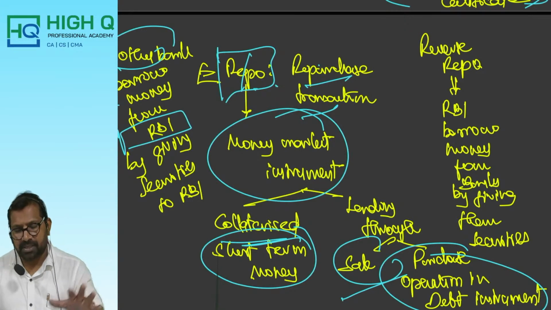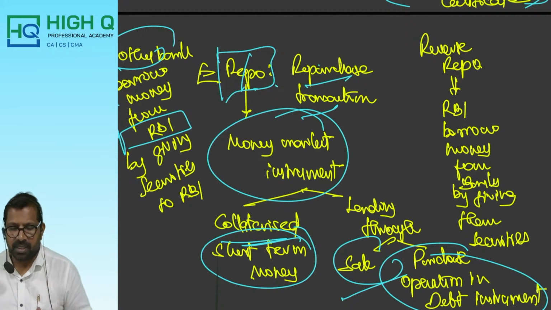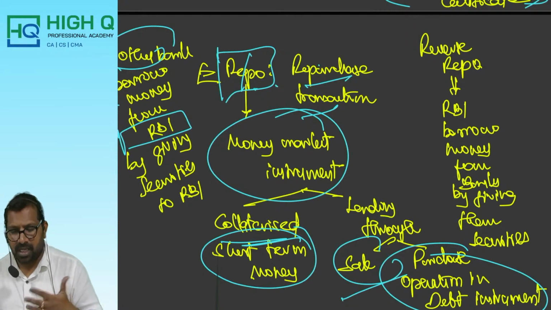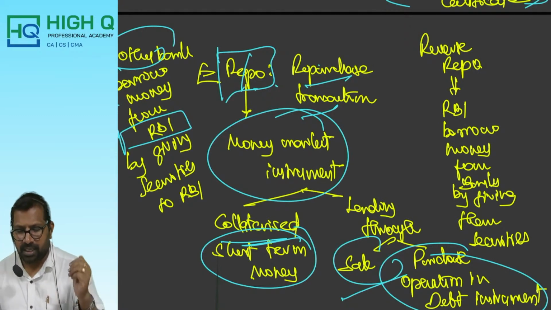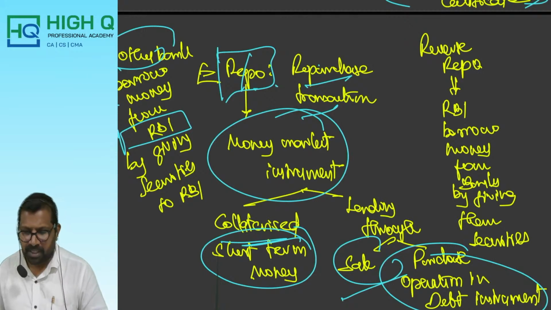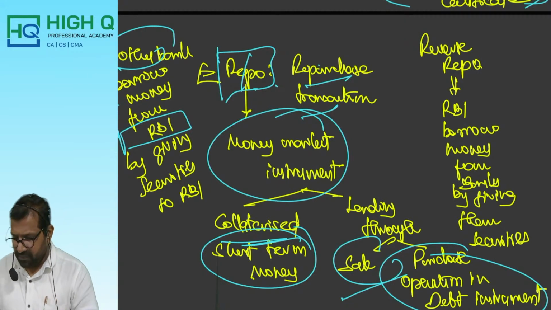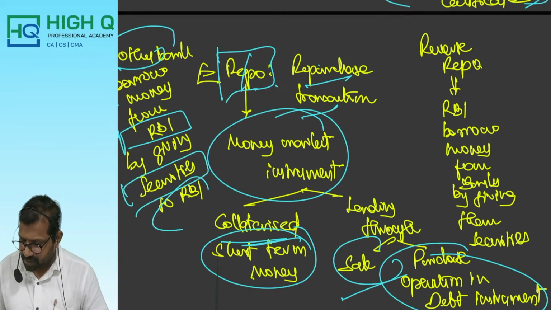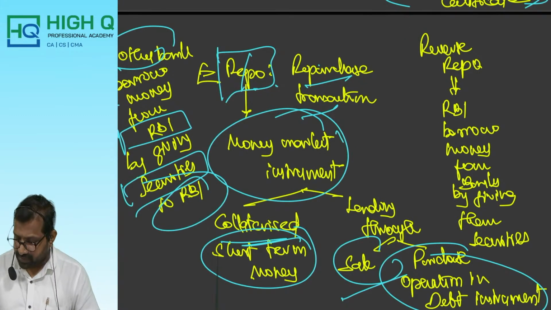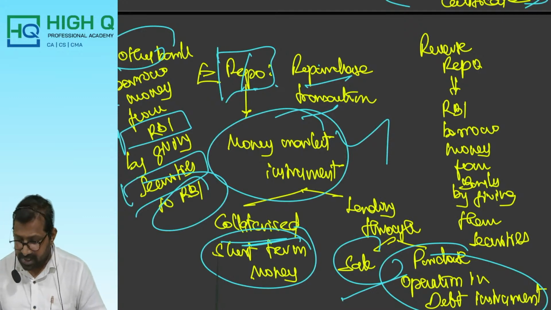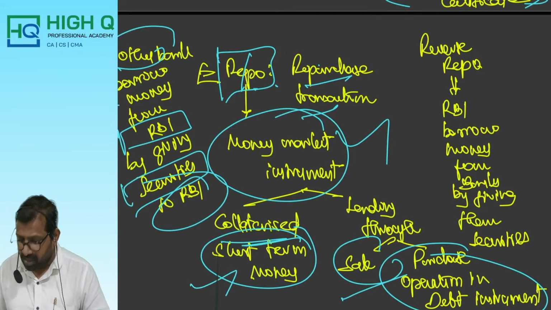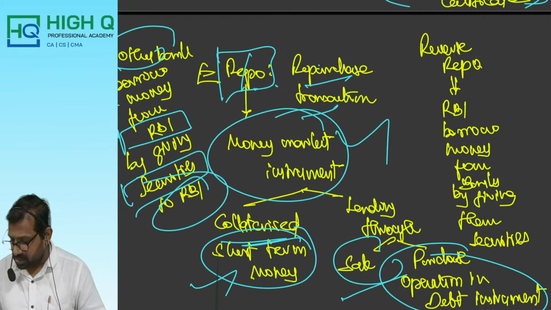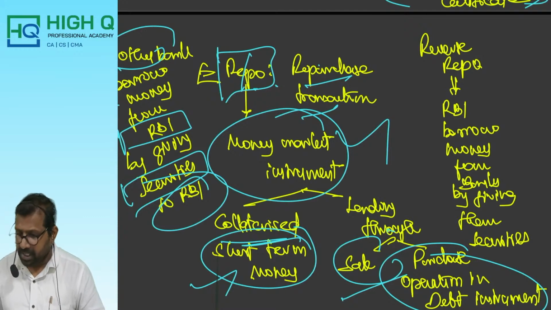RBI cannot just grant loans and advances to the other banks; it expects some amount of securities, so the banks give securities to RBI. That's why it is called a money market instrument. Collateralized is nothing but securities, only for a short period of time, short-term money lending through sale, either they will sell or purchase, as applicable.